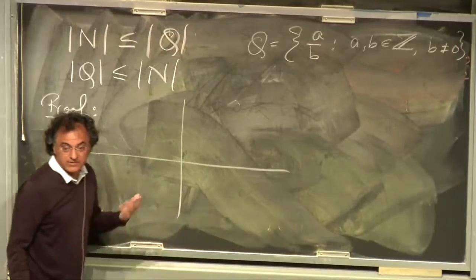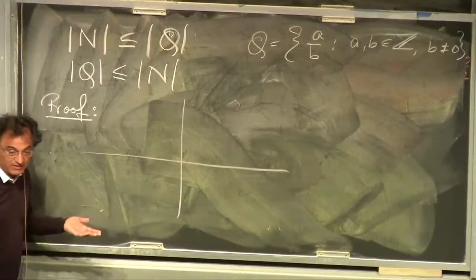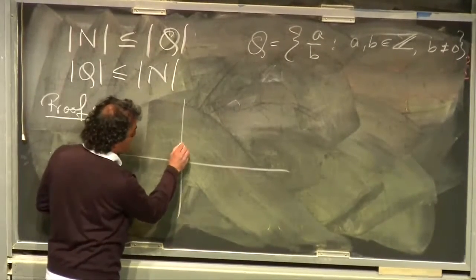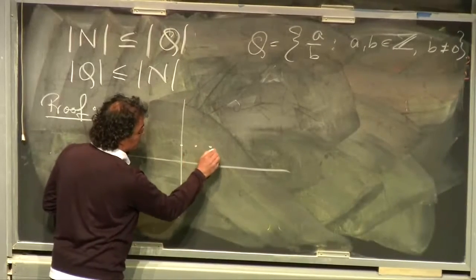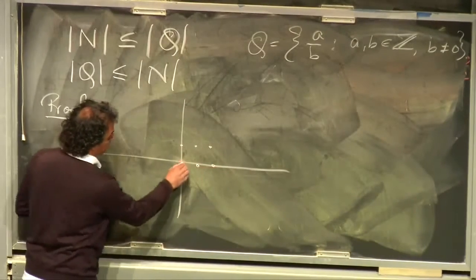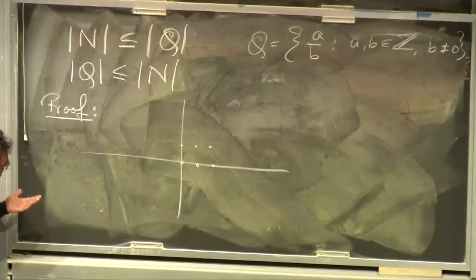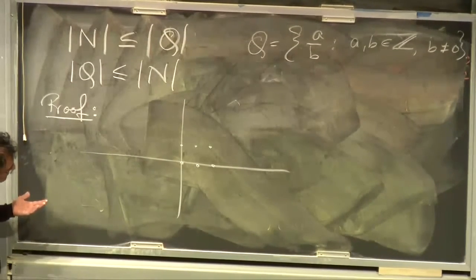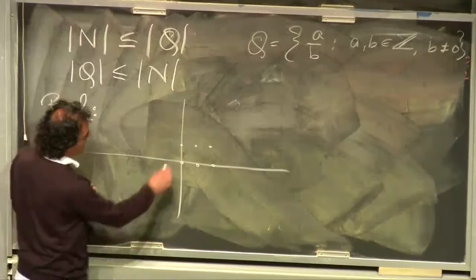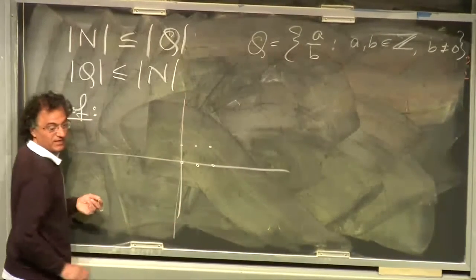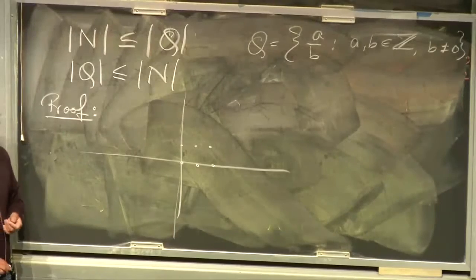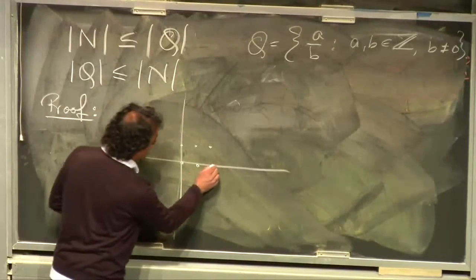Okay. And so the way we can represent it is by ordered pairs here, A over B, A over B. So B is not equal to 0 tells us we are not on this line, right? So it's all of these points.